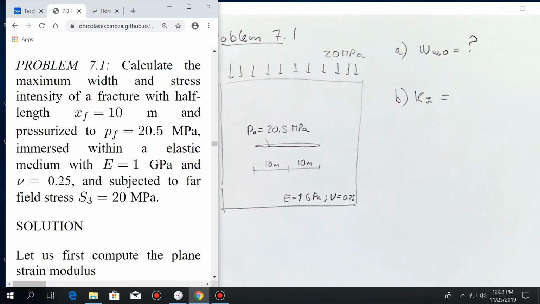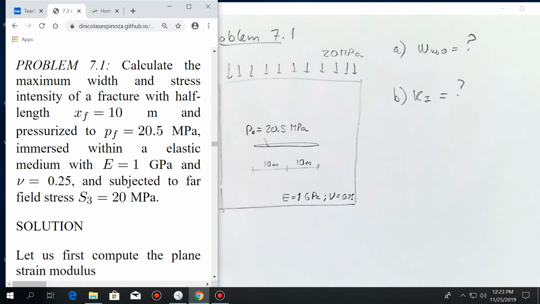Okay. Can you guys work on this quickly? Probably I can give some extra points to whoever solves the problem without looking at the solution, of course. So what you need are the equations of stress intensity and also the equation for the width. But pay attention to the problem, okay?